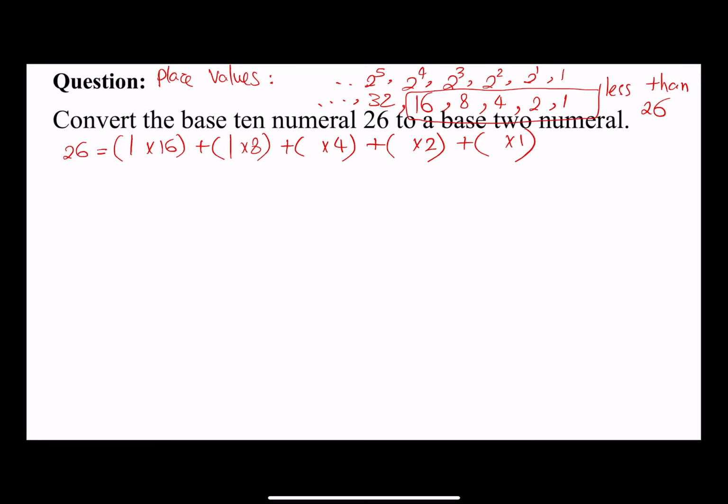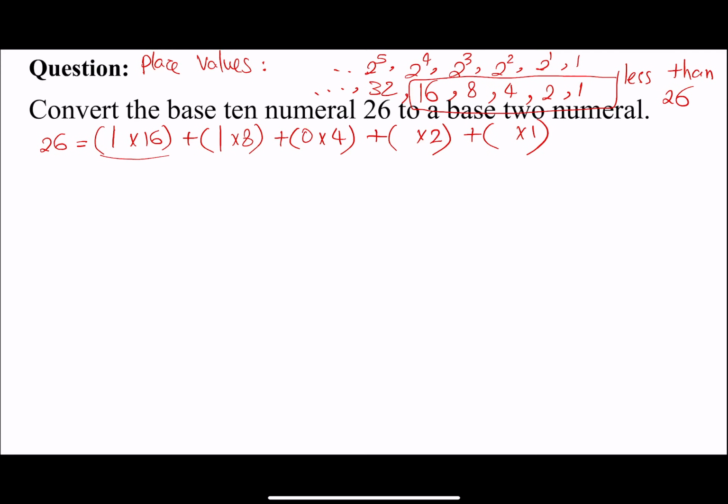Well, 0. Here I have 16. Here I have 8. When you add them, it's 24. I need 2 more to build up 26. So 0 groups of 4. Well, how many groups of 2? Well, 1. I need 2 more, right? Then how many groups of 1? 0.